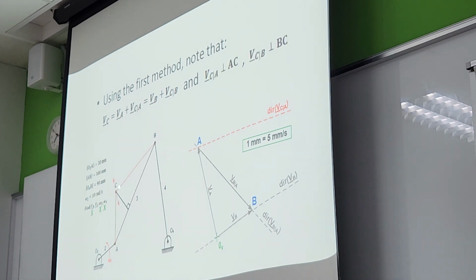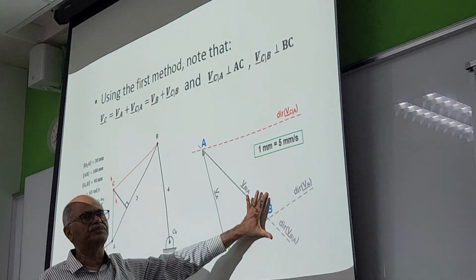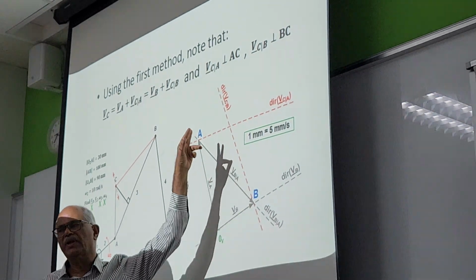The direction of CB will be as shown here, perpendicular to the link CB. Now from the tip of B, we draw the same dotted line. You can see the same dotted line.